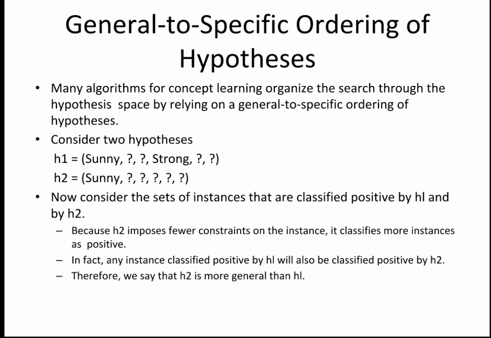Before that, one more concept that our hypotheses relate to is the general-to-specific ordering of hypotheses. It might look very confusing, but you need to understand it. You must have studied posets in your discrete structures, known as partially ordered sets.